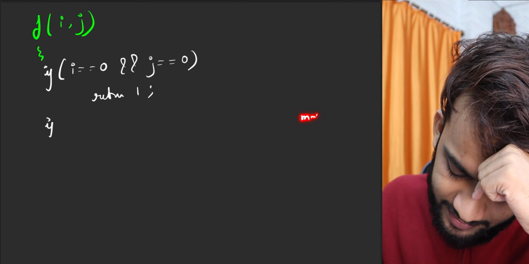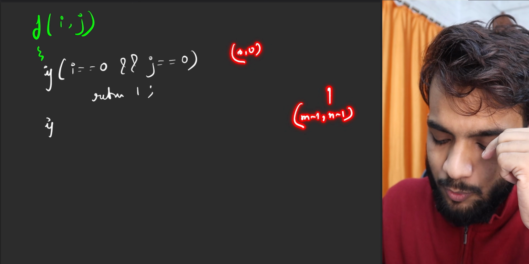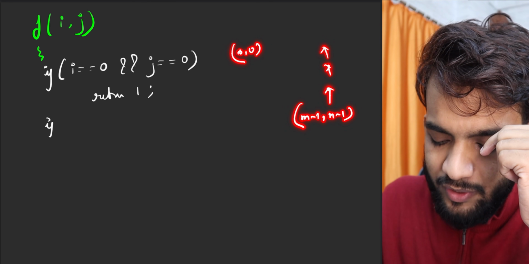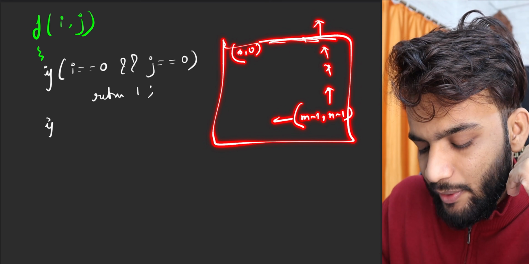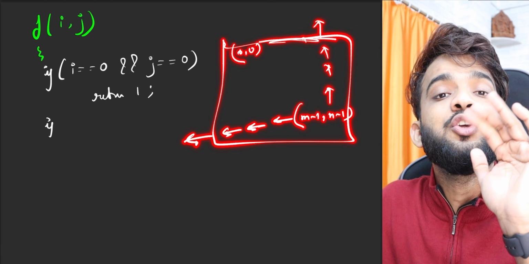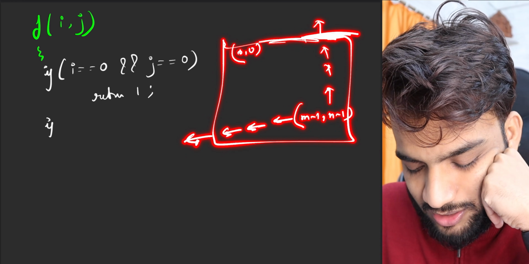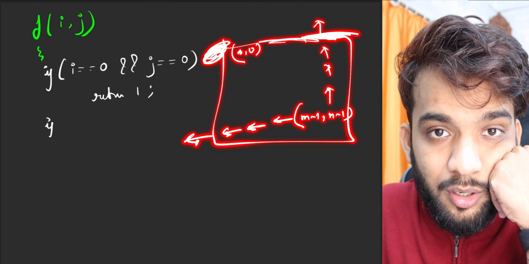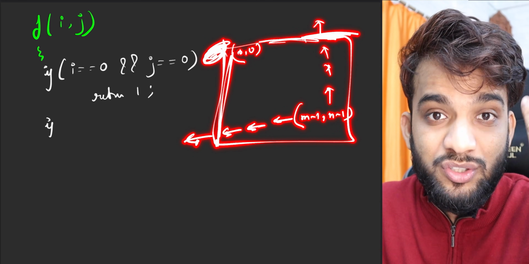Assume you are standing at m minus 1, n minus 1, and there is 0, comma 0, and you kept moving up, kept moving up, and you exceed the boundary. Or it might be the other way, you kept moving left and you exceeded the boundary. So you can either exceed the boundary in the upward direction, which means the row number goes lesser than 0, or the column number goes lesser than 0.